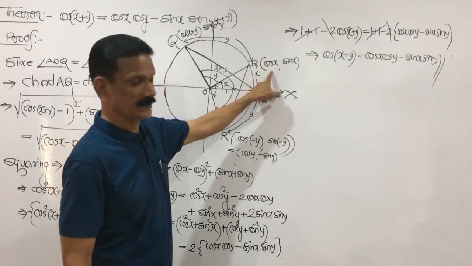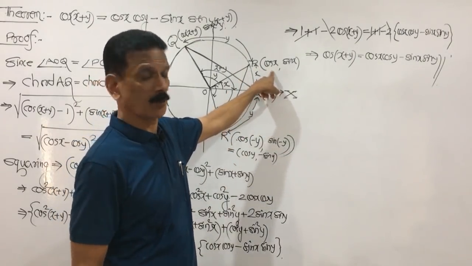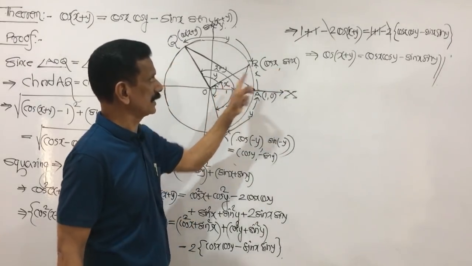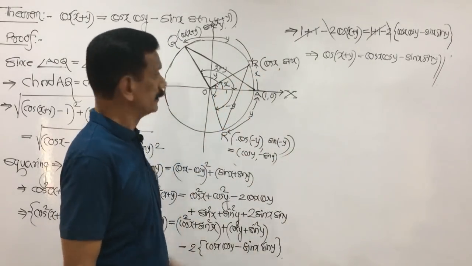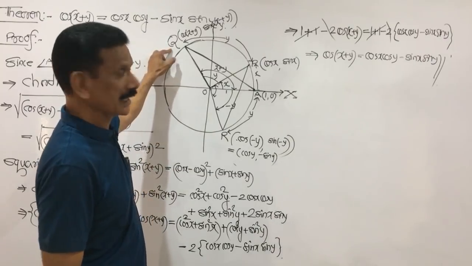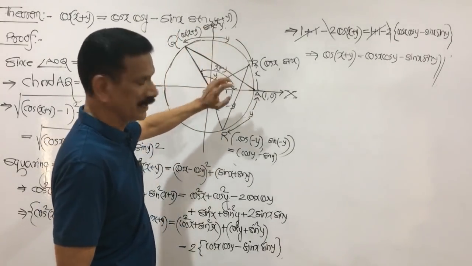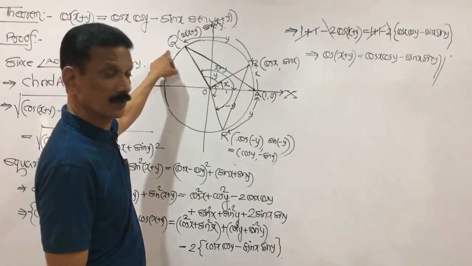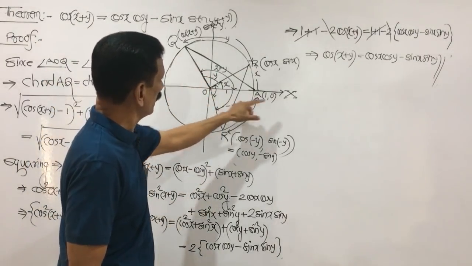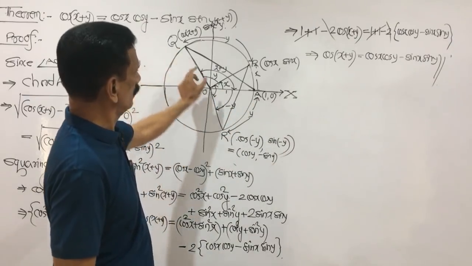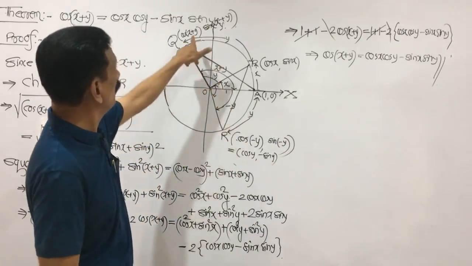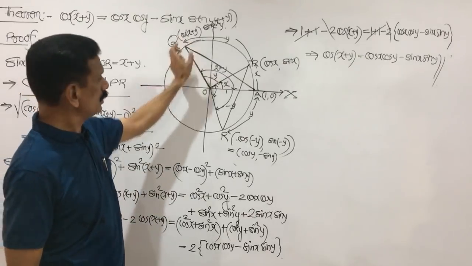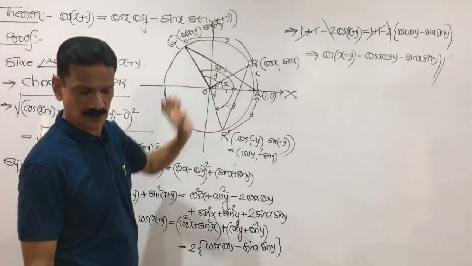So the coordinates of the point are cos x, sin x. We have taken a point Q so that arc PQ of the circle is y, so that angle POQ is equal to y, so that angle XOQ is equal to how much? x plus y. So the coordinates of the point are cos of x plus y, sin of x plus y.